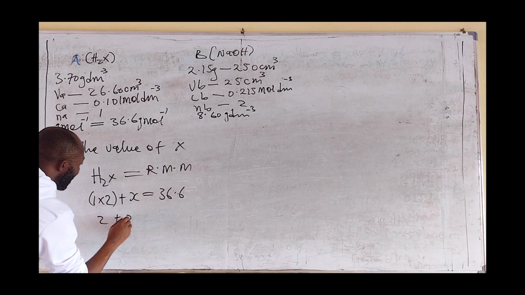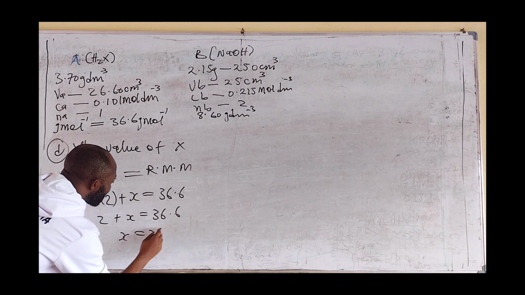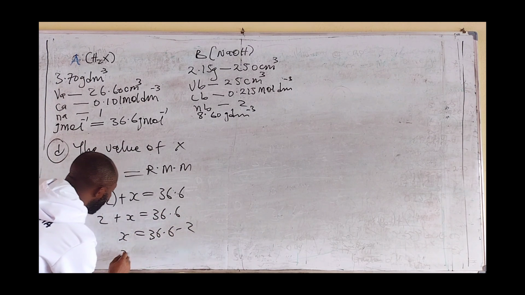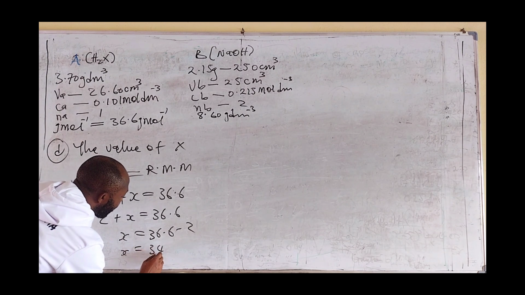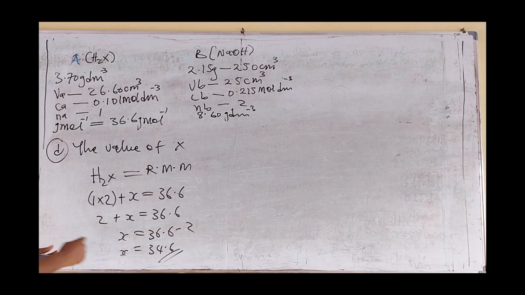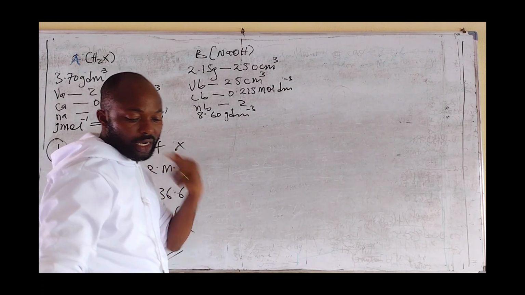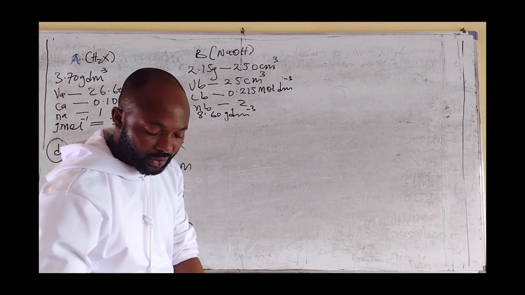Now 2 plus X is equal to 36.6. X is equal to 36.6 minus 2. X is 34.6. So that is the value of X. That's just a bonus. So you take that. Now let's move to the next question, please.